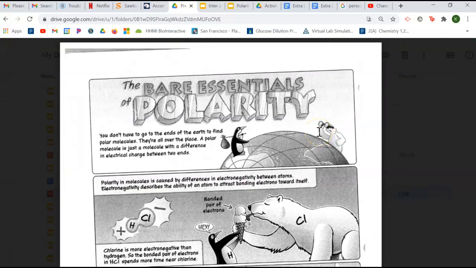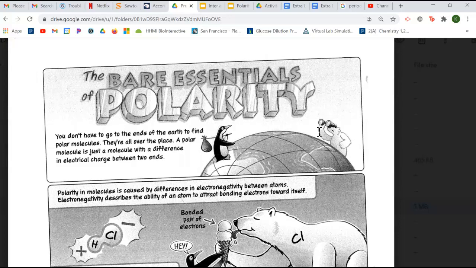So we're going to narrate through this comic strip because it does a wonderful job of describing polarity. And it uses a penguin and an ice cream cone and an ice bear, or a polar bear. So I'm going to read through this comic strip and then embellish the information, hoping that that's going to clarify some things.